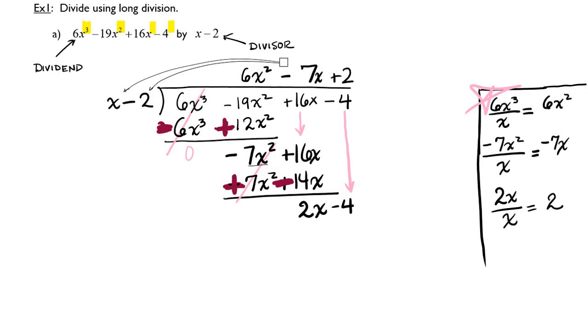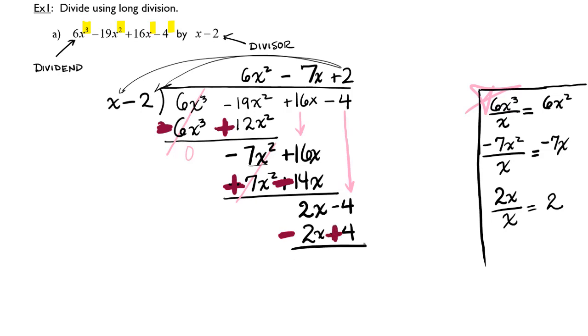2 multiplied to each term of my divisor will give me 2x, and 2 times negative 2 is negative 4. Changing the signs on the numbers I just found and adding gives me 0 and 0.